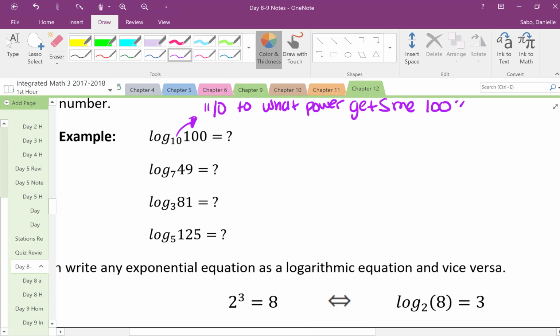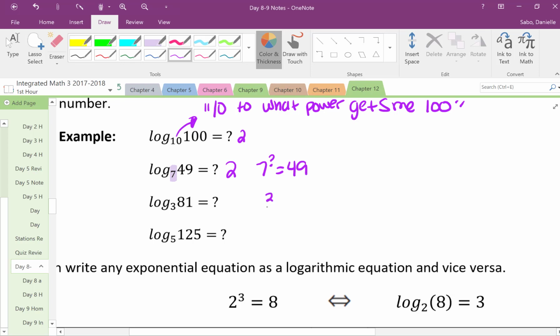Just in your head, you can ask yourself, 10 to what power gets me 100? 2, and that's your answer. So you can do these pretty quick. 7 to what power gets me 49? 2. So you're asking yourself, 7 to question mark gets me 49? Maybe that helps you. 7 to what gives me 49?